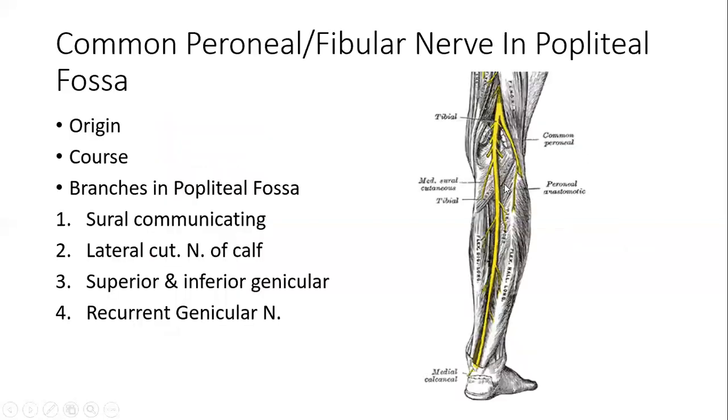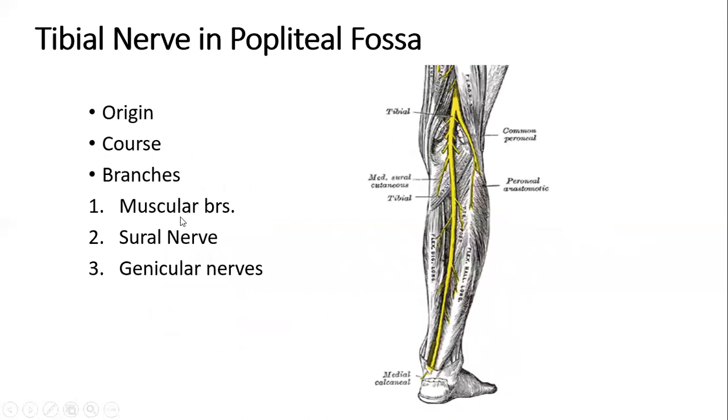Besides these branches, tibial nerve also gives off genicular nerves, which are 3 in number. And these genicular nerves, as the name indicates, supply the knee joint.